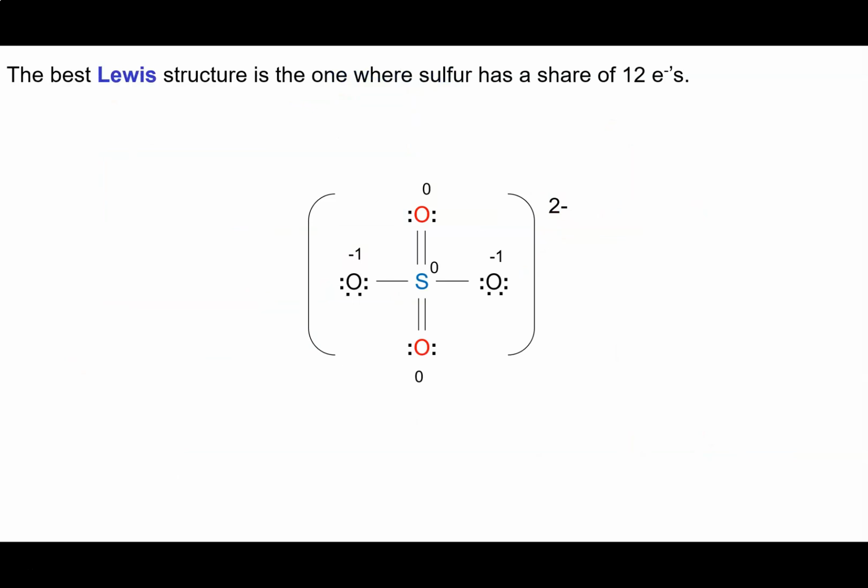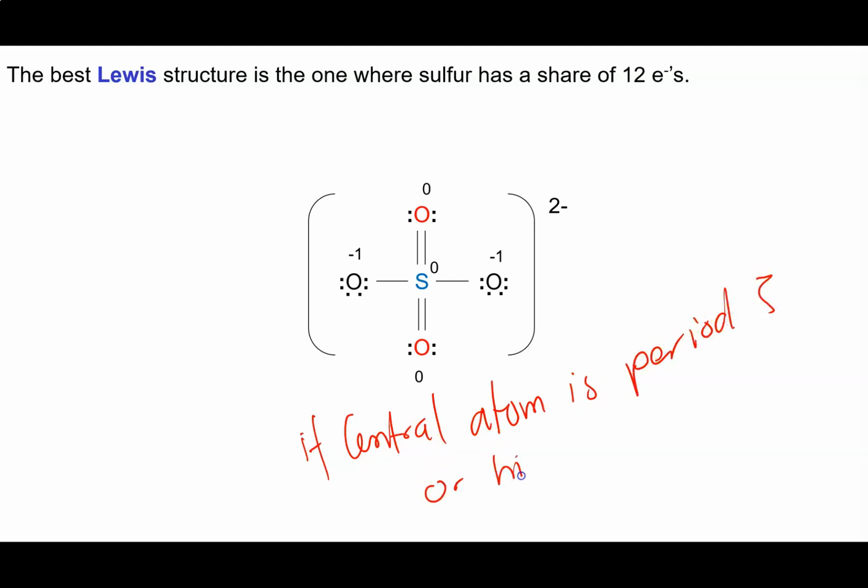So the thing to keep in mind here is, if the central atom is period 3 or higher, check expanded valence shell, because you just might be able to get a better Lewis structure than following the simple rules.